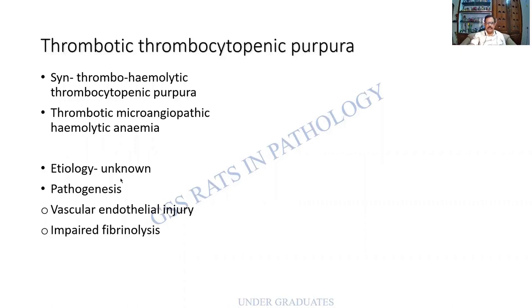The etiology is unknown. In the pathogenesis, there is an element of vascular endothelial injury and there is also an impaired fibrinolysis. As a result of which, you find that there can be a clotting disorder.